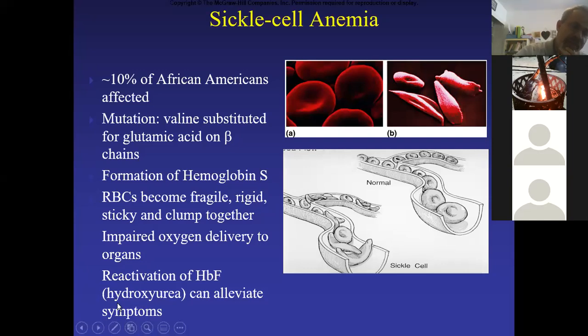Hydroxyurea, if given to people who have sickle cell, converts the whole genetic machinery so that the body starts making hemoglobin F instead of hemoglobin S. So it can alleviate the symptoms. I'm assuming a person has to be treated continually with it, but if you look it up, it's an interesting mechanism with a whole signaling pathway involved. We're not going to get into that, but it can alleviate symptoms. So that's a potential useful treatment.